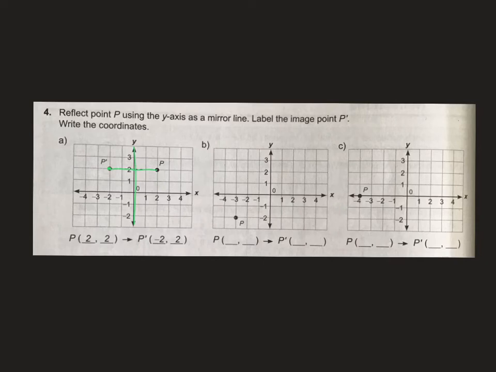So wherever your point is, we're now crossing this axis and making a perpendicular line instead of going up and down. So we'll be going left to right or right to left.